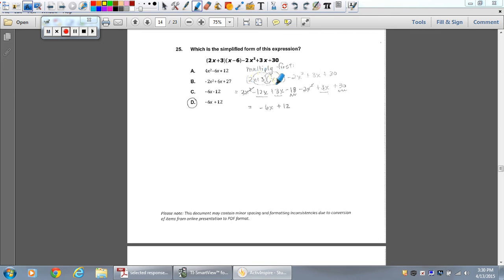So first times first, outer times outer, inner times inner, and last times last. And I wrote all my terms. And then I just started combining. We're not solving anything, we're just writing an expression. So I knew 2x squared and negative 2x squared were gone. So then I combined all my x's. If you notice, I underlined them with a line, and then I underlined all my constants with a squiggle just so I could combine those like terms. But that gave me that answer.